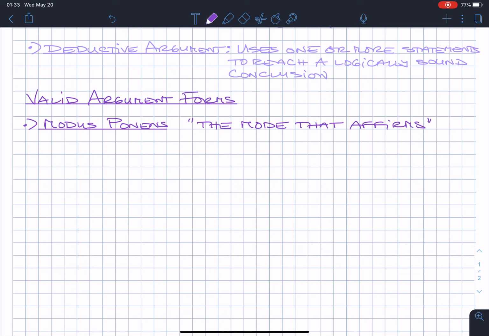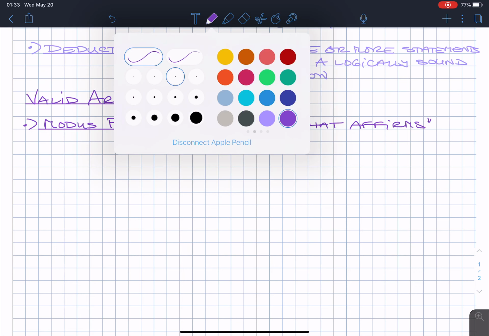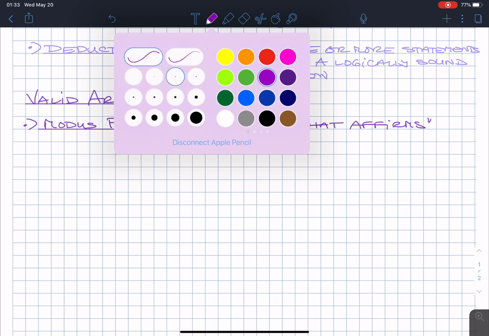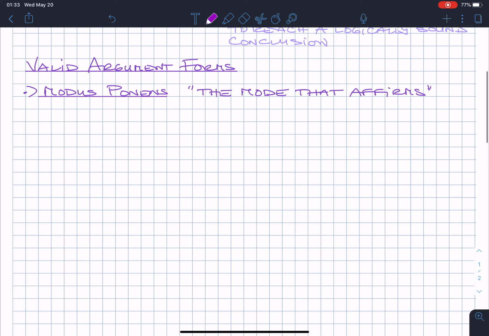What we're given is premises. For modus ponens, we're given two premises, and you always assume that your premises are true, and your conclusion follows from your premises.